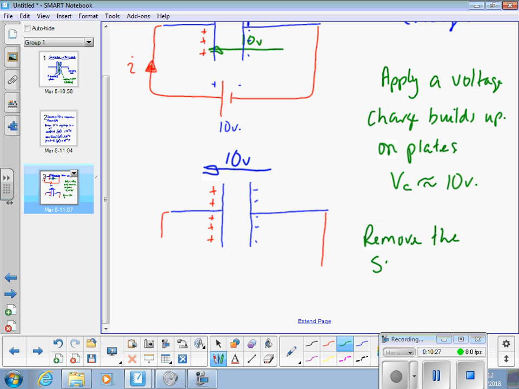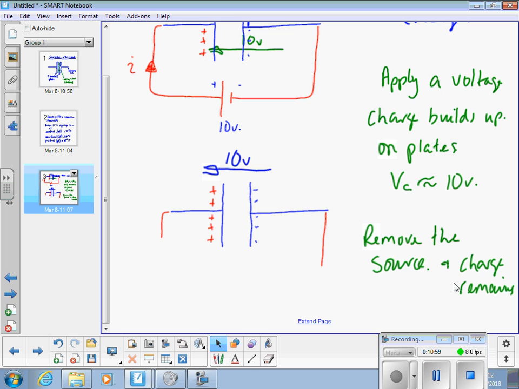Remove the source, charge remains. Okay, if the capacitor was perfect and all the circuit was perfect in every way, that'd sit there forever. That doesn't happen because some charge will leak away through the dielectric and so on.